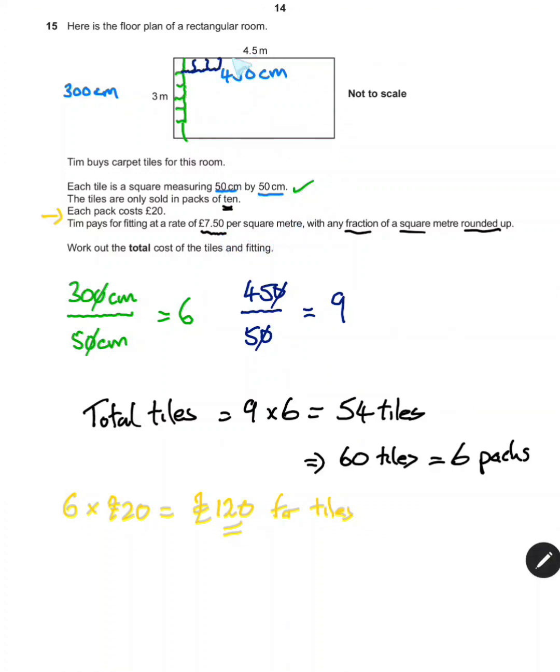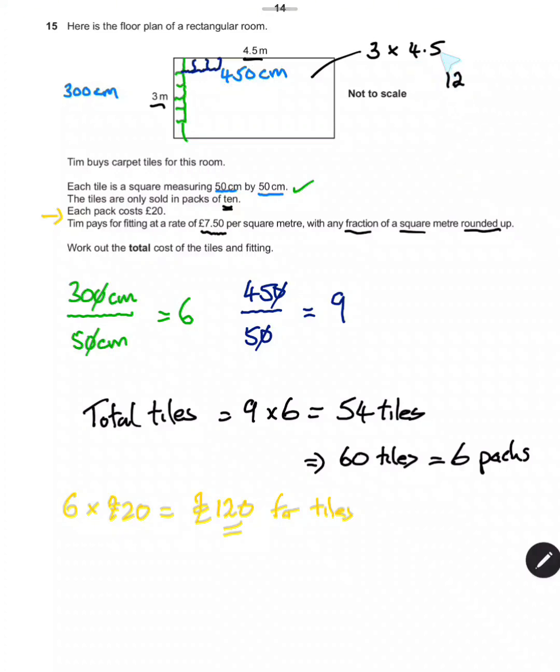We need to know how many square metres in this floor plan. So what I'm going to do is go back to my metres and do 3 multiplied by 4.5. You can keep adding 4.5s if you want. 4.5, add 4.5, add 4.5. Well, it'll be 4, 8, 12.